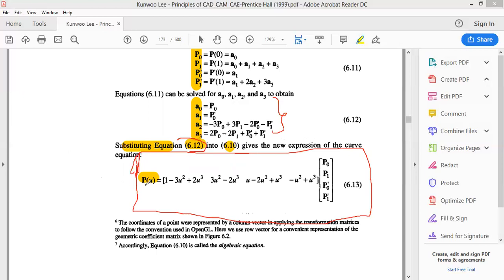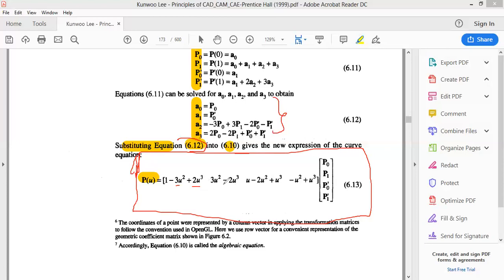So P of u is going to be equal to, in brackets, when we write it up in matrix form. After solving, they converted it into matrix form so that it's easier to write these equations. So it's going to be the first matrix 1 minus 3 times u square plus 2u cube, right? So that is one set.